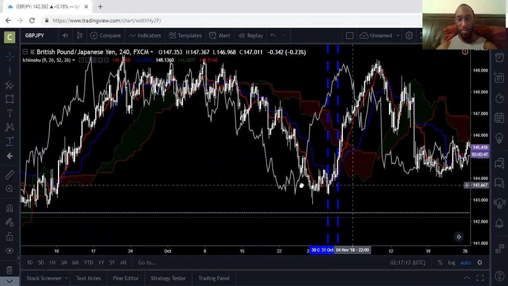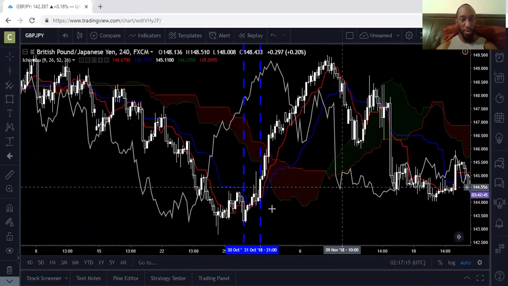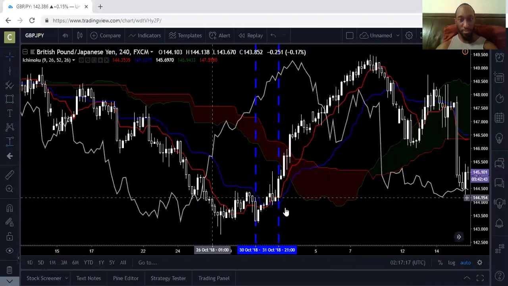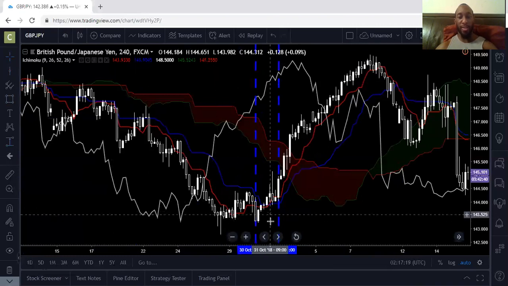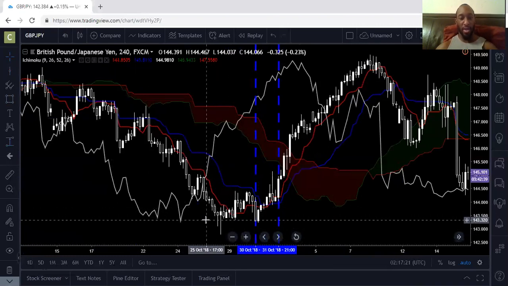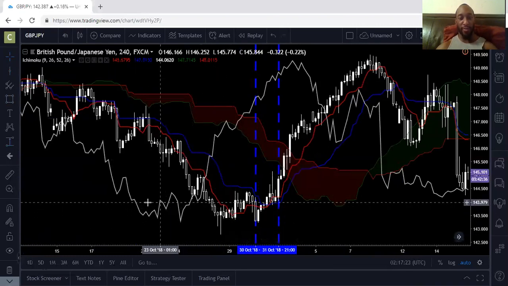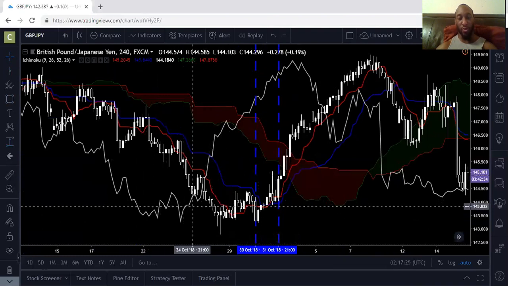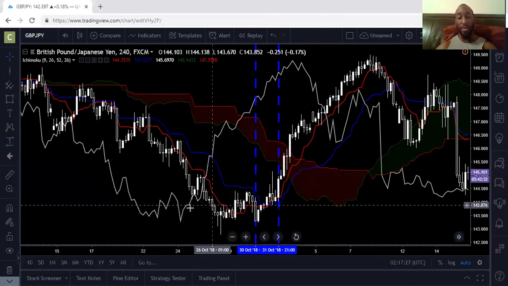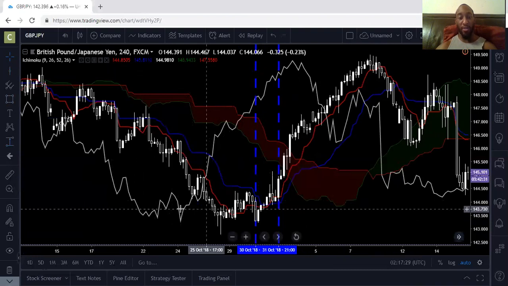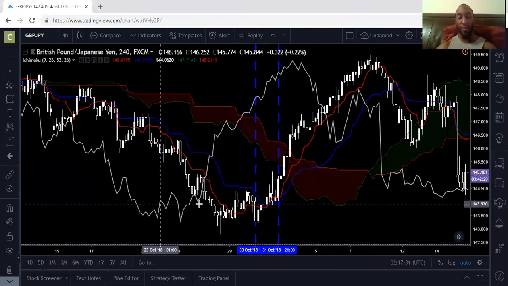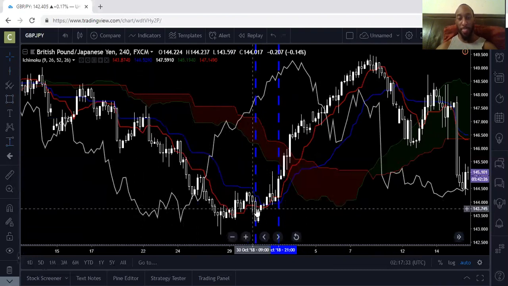So on the 4 hour, we see that price is starting to move closer in, Chikou span started to move closer into price. So this is saying, okay, looking for a reversal in the market. We already have our TK cross right here.